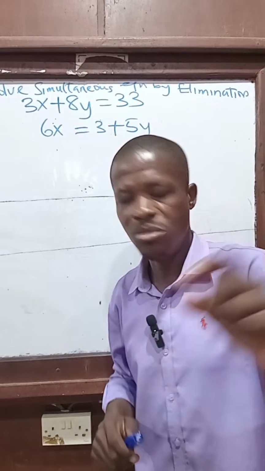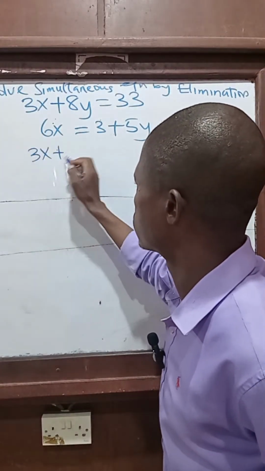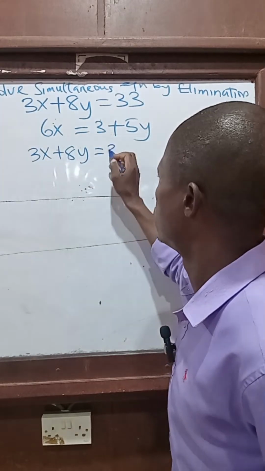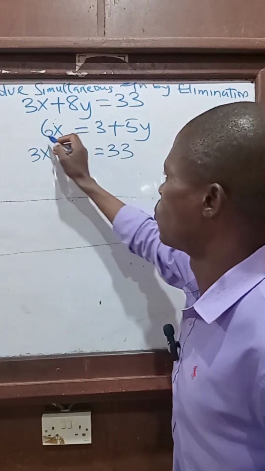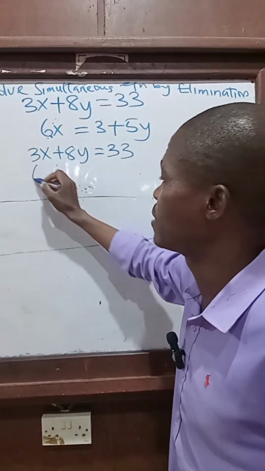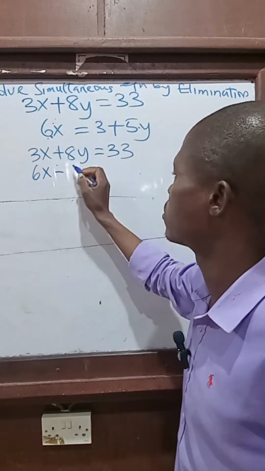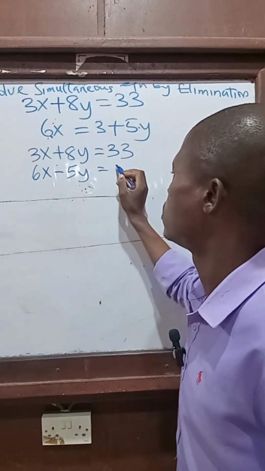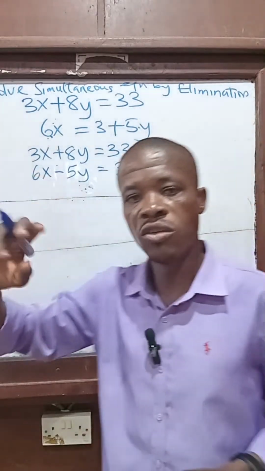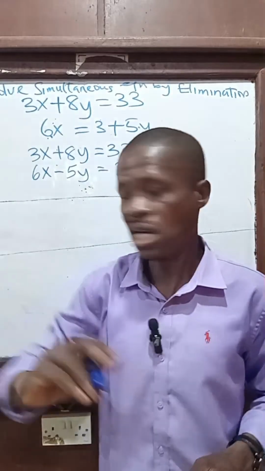What I mean is this: 3x, the first equation, plus 8y equals 33. The second equation, also write it in this form. That'll be 6x, move this 5y to the other side, minus 5y equals 3.